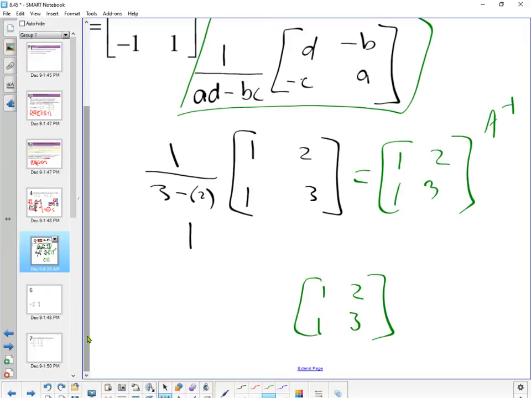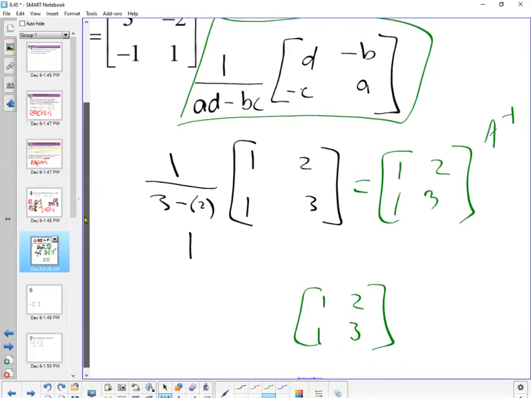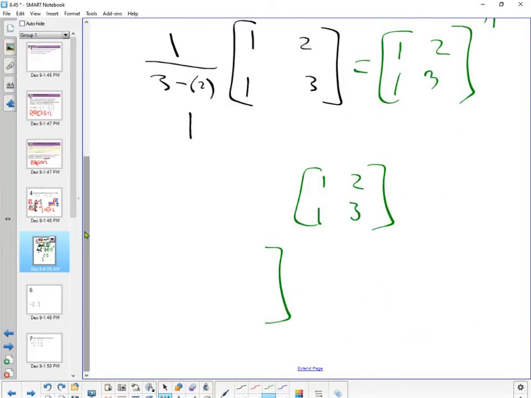Do you have this matrix? What is it? 3, -2, -1, 1. So let's see here. We have 3 plus -2, which is 1.